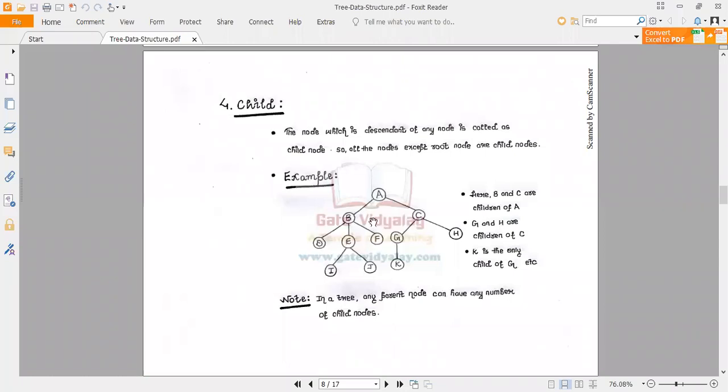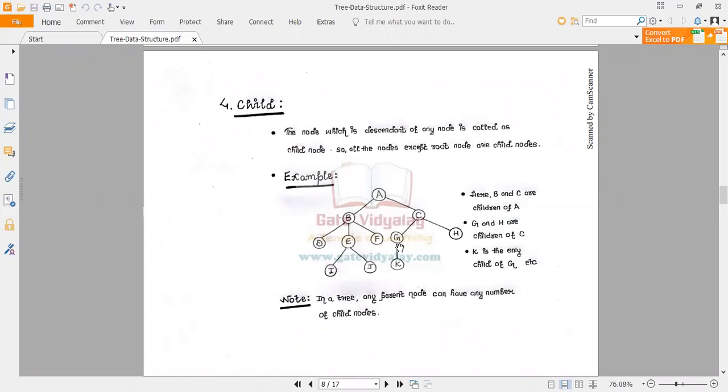So B and C are the children of A, D, E, F are the children of B, G and H are the children of C, I and J are the children of E, whereas K is the child of G. All right, so these are all the child nodes. In a tree, any parent node can have any number of child nodes.